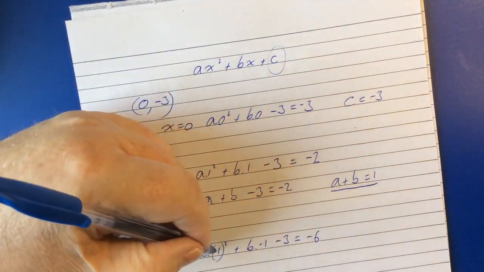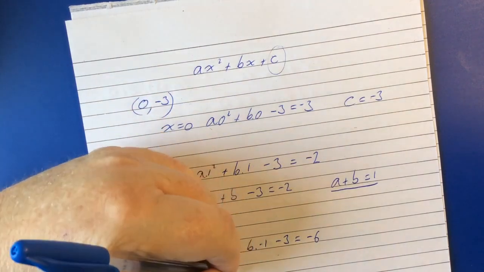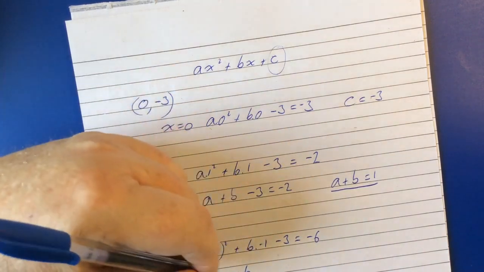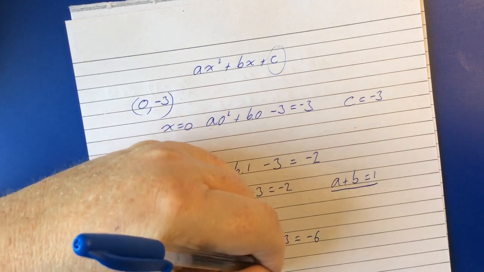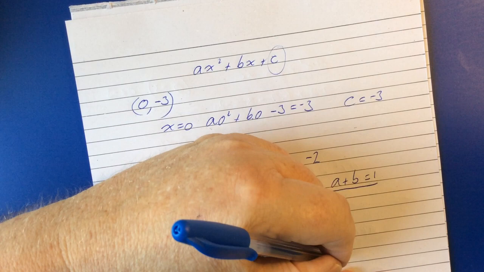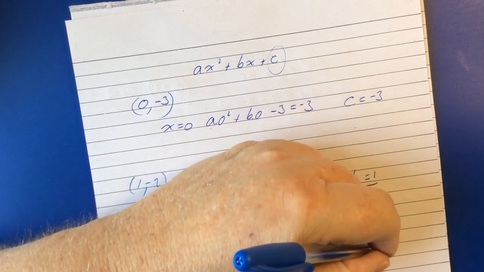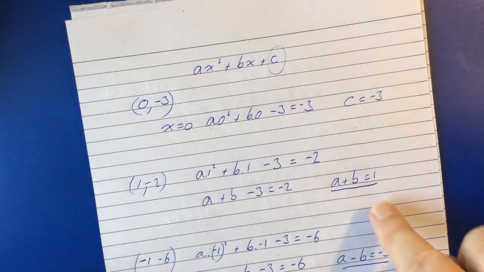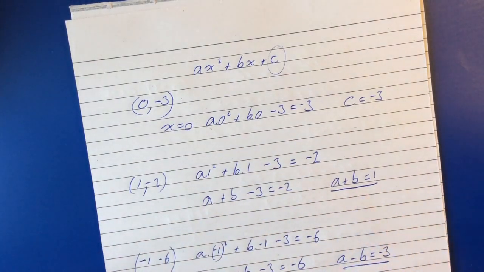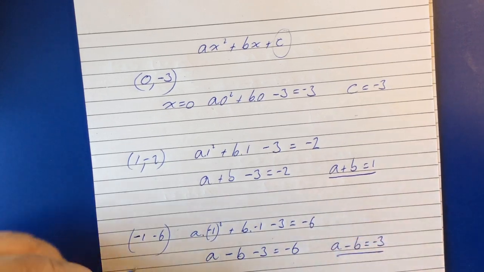Again, tidy this up. -1 squared is 1, so that is a. B times -1 is -b, so a minus b minus 3 equals -6. And we can tidy that up to a minus b equals -3. And you'll see here, hopefully, that we have the constituents of a set of simultaneous equations.